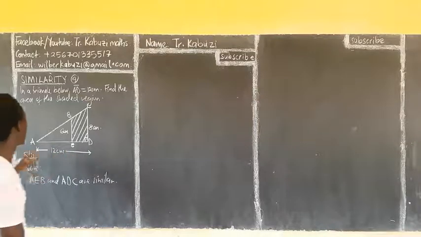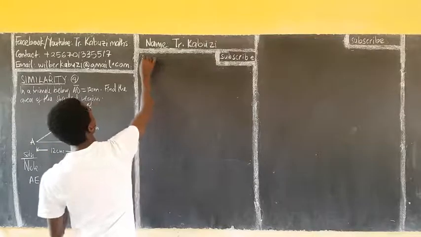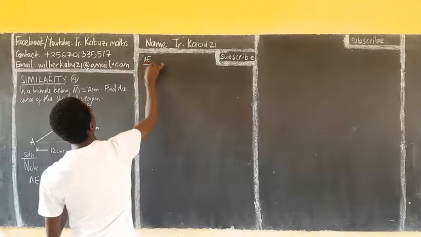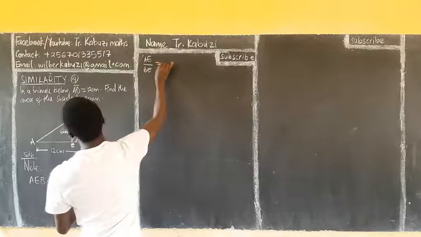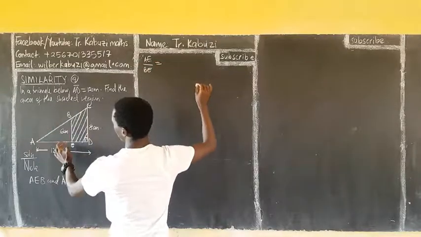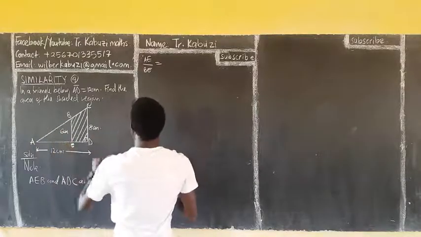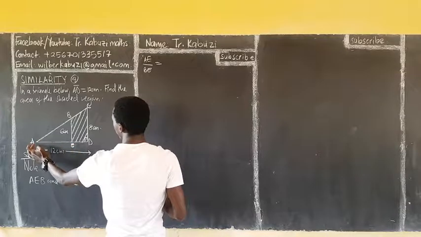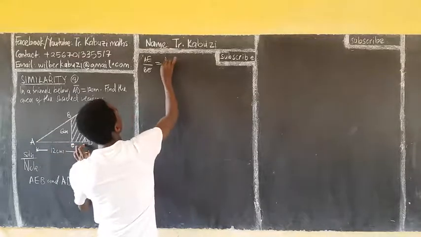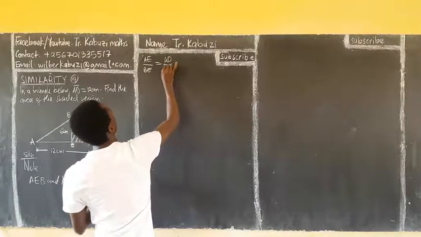So you see that the length I want is AE. So AE over BE is going to be equal to, for the little triangle, AD over DC.